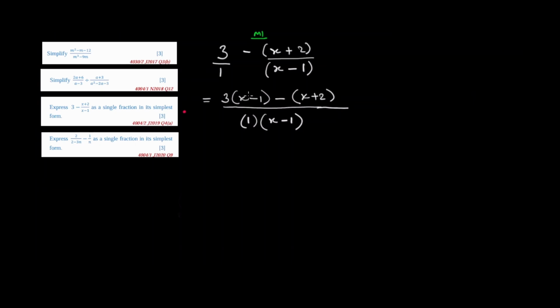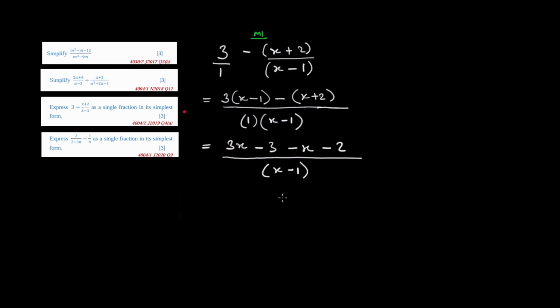So let us deal with our numerator, removing brackets. 3 times x is 3x, 3 times minus 1 is minus 3, minus 1 times x is minus x, minus 1 times 2 is minus 2. So both x and 2 were affected. And this is over, since it is 1 multiplying the bracket (x minus 1), we can just say (x minus 1).